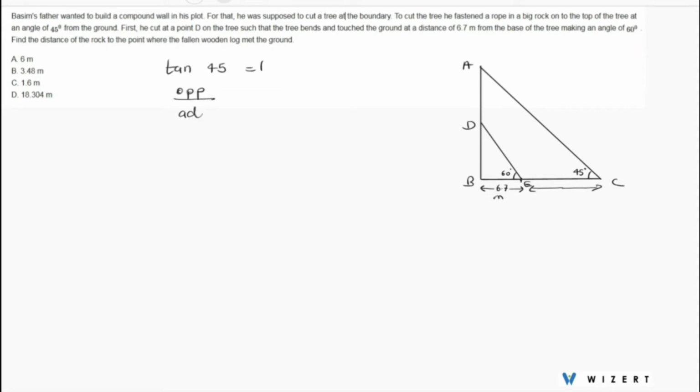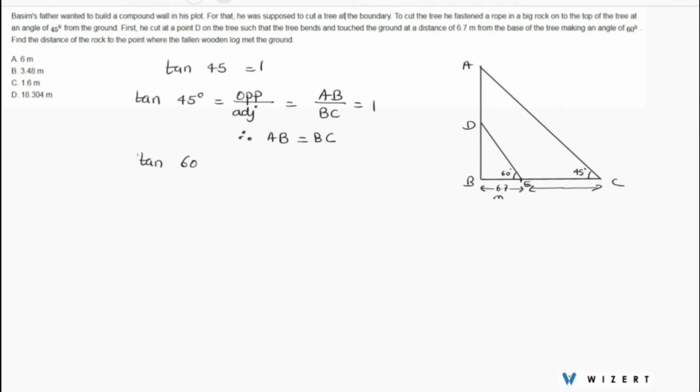So tan 45 equals opposite upon adjacent, equals AB upon BC, equals 1. Therefore, we have AB equal to BC. So we have height of the tree equal to BC.